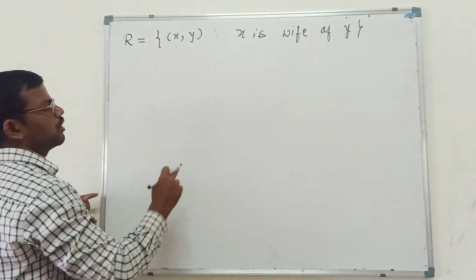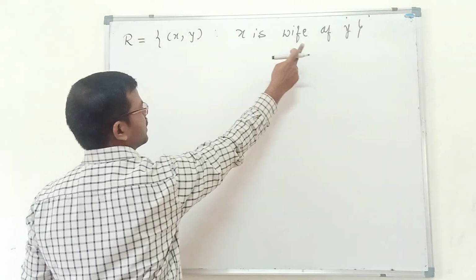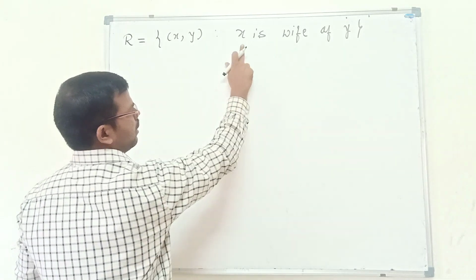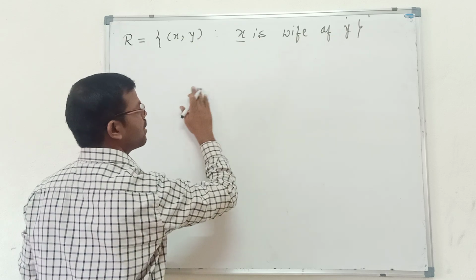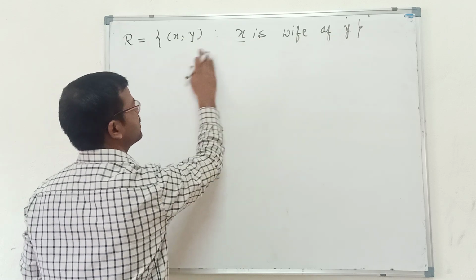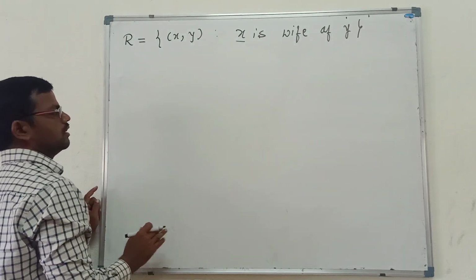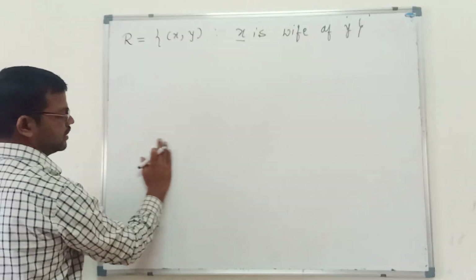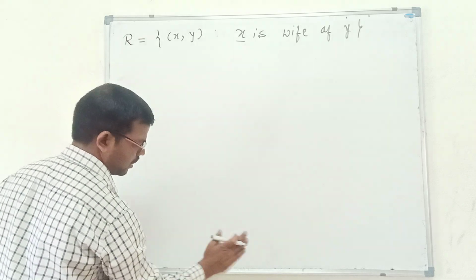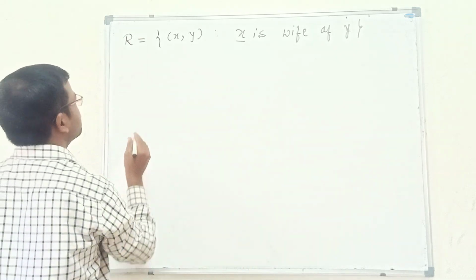Here the relation is x is the wife of y, meaning x is a woman and y is a man. That is clear from the relation. Now we have to verify whether it is reflexive, symmetric, or transitive.